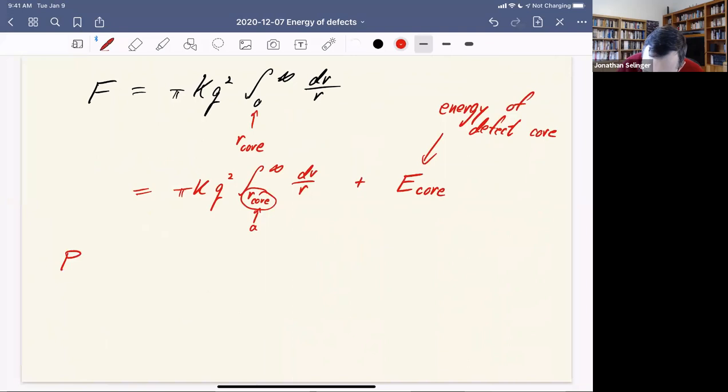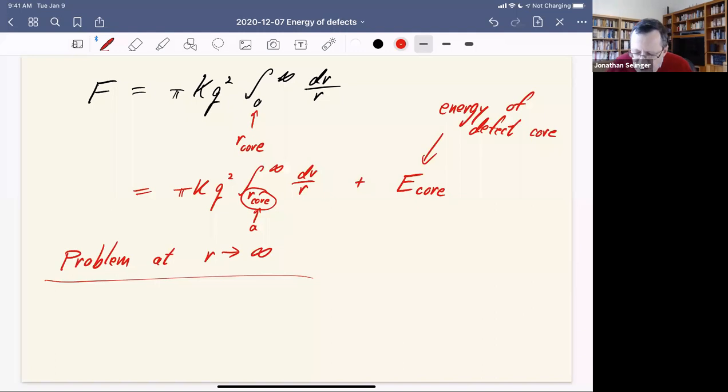We still have a problem as r goes to infinity. This is a different kind of problem. It is a problem associated with long distances.